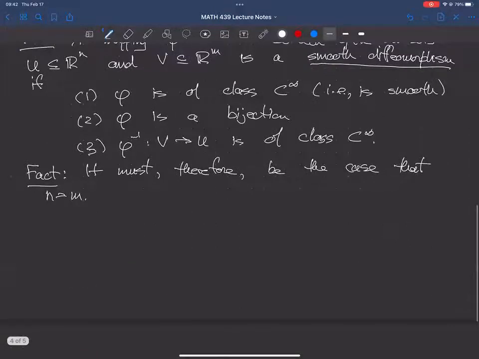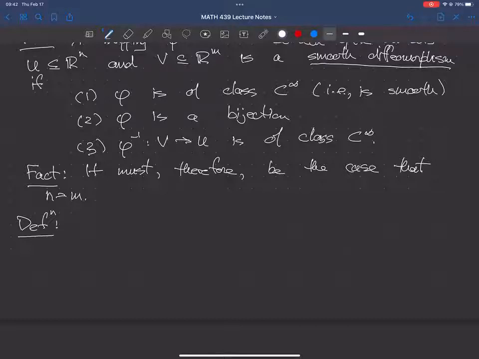Okay, so now we're ready for step 2 of our definition of manifold. Again, the idea is I'm going to consider 2 charts, and I'm going to ask when they overlap, must there be some kind of compatibility condition between the overlaps?